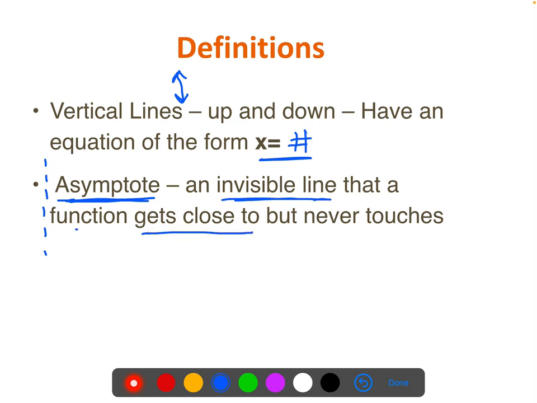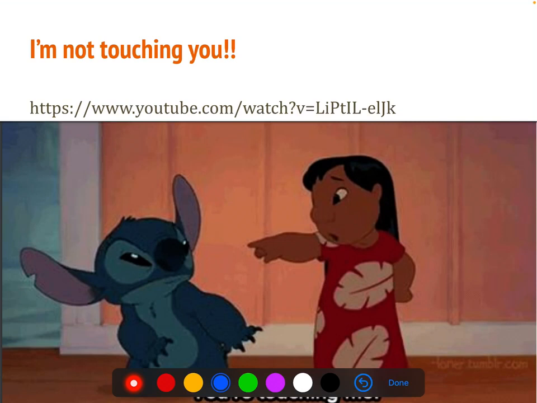But your function is going to get close to it, kind of like a fence, but it's never going to touch it. Think of cows out in the field that you don't want to get out, so you put a fence up. That fence is your asymptote. Your cows will get really, really close to it, but they can't go outside the fence. They never cross the fence. That's what an asymptote does. It's a boundary line, like a fence.